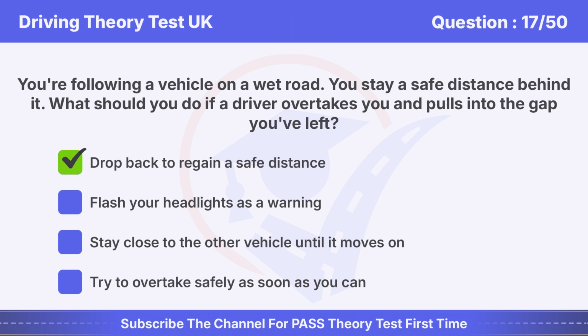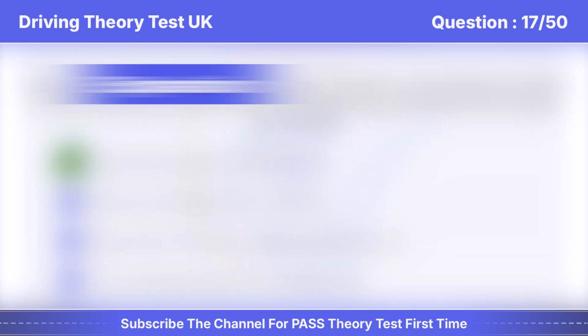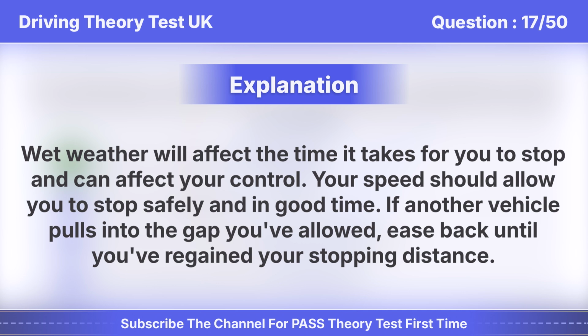Answer is A. Drop back to regain a safe distance. Wet weather will affect the time it takes for you to stop and can affect your control. Your speed should allow you to stop safely and in good time. If another vehicle pulls into the gap you've allowed, ease back until you've regained your stopping distance.